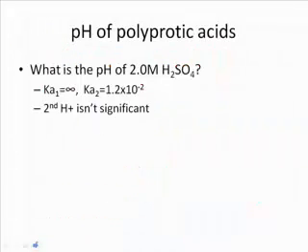Okay, pH of polyprotic acids. Again, as we talked about before, each of the protons coming off of the acid has its own dissociation constant. And typically, the dissociation constants decrease as we remove additional protons.